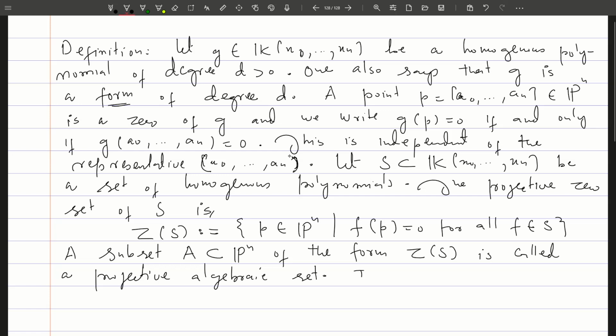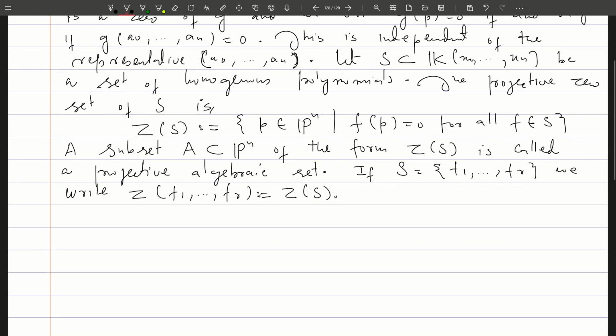If S contains, say, finitely many polynomials f1 through fr, then we write Z of f1 through fr instead of the set Z of S. If f is a form of degree d, then Z of f is called the hypersurface defined by f.